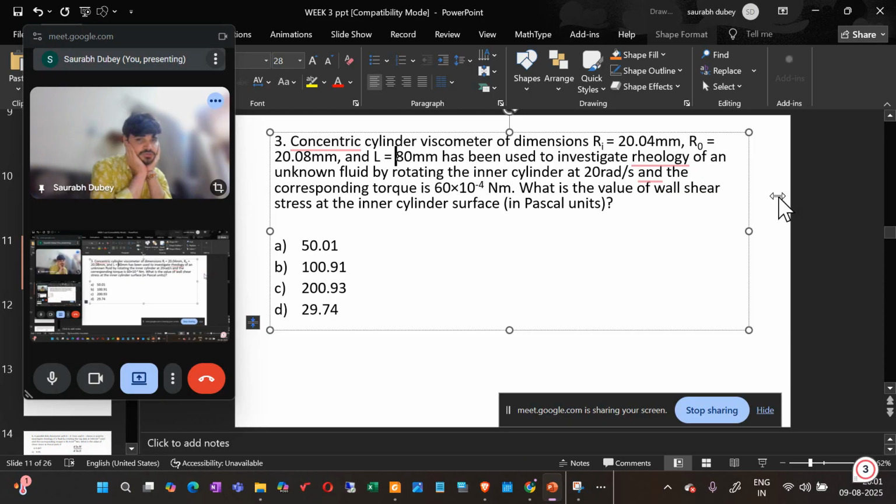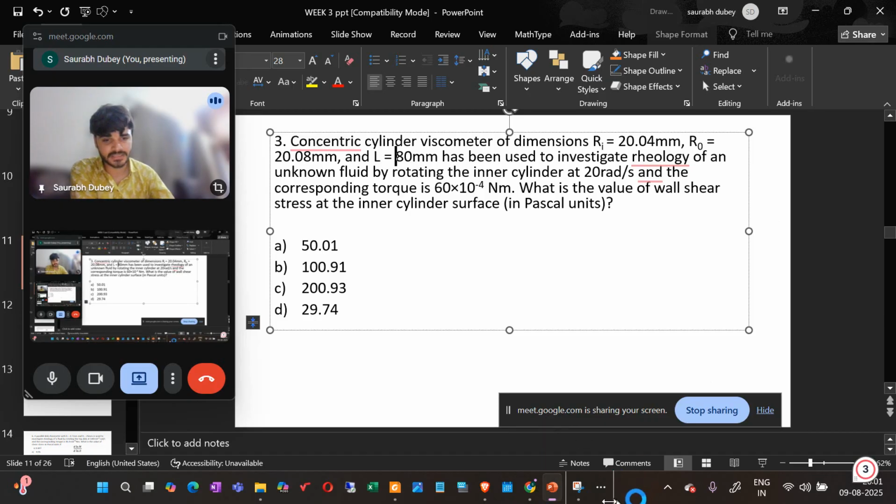It has been used to investigate the rheology of an unknown fluid by rotating the inner cylinder at 20 rad per second, and the corresponding torque is 60 into 10 to the power minus 4 Newton meter, right? What is the value of wall shear stress at the inner cylinder surface, right?